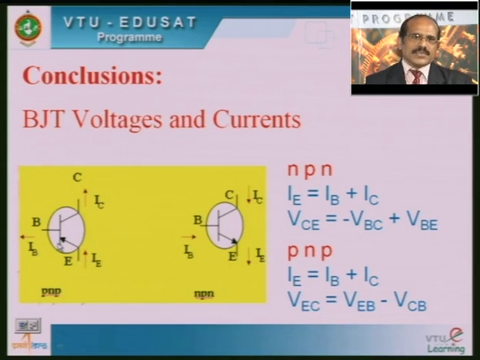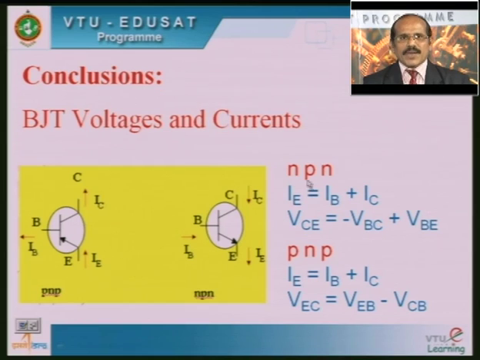Please note that this arrow is always towards the N type. Here the collector is P, the base is N, and the emitter is once again P, so the arrow points towards N. The emitter terminal always has the arrow, so from the symbol you should note that the terminal having the arrow is the emitter terminal.